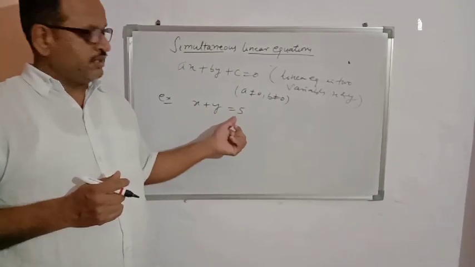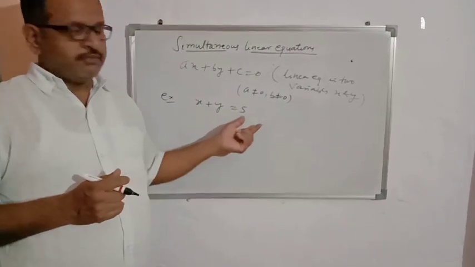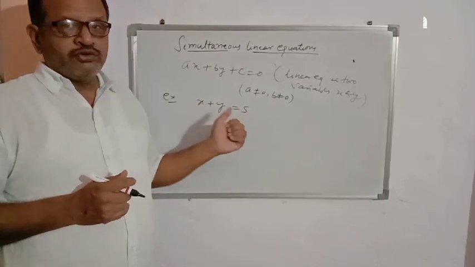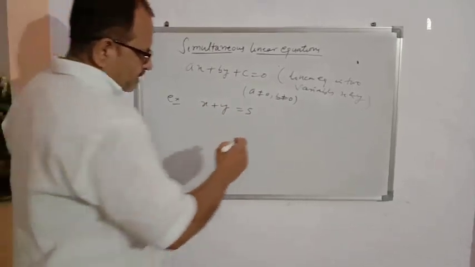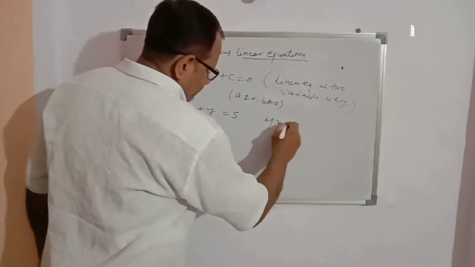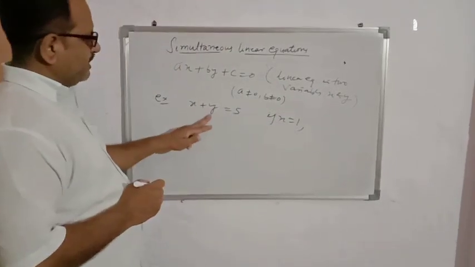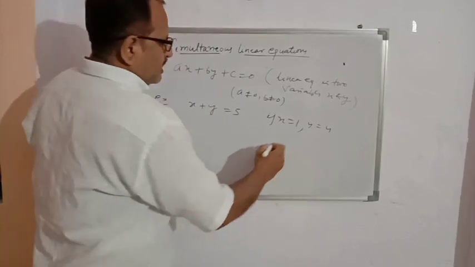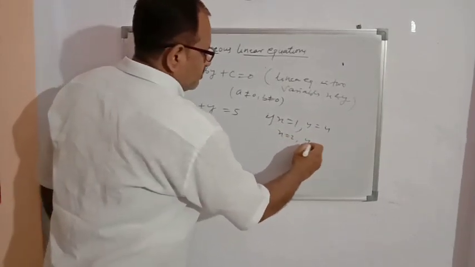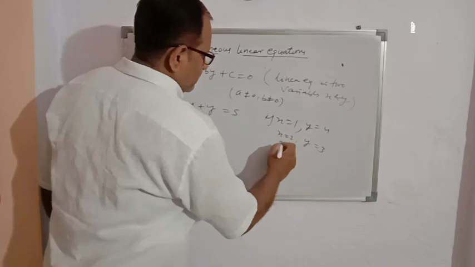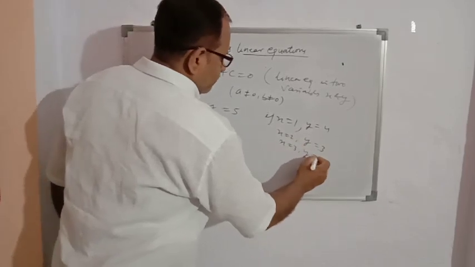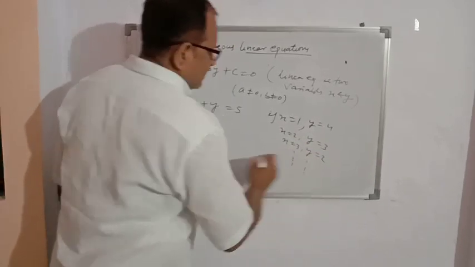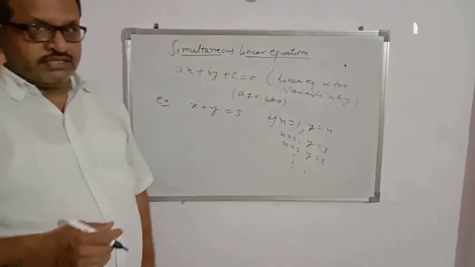So please see that if x is equal to 1, what value of y will we get? We will get y is equal to 4. If x is equal to 2, y is equal to 3. If x is equal to 3, y is equal to 2. We can get an infinite number of pairs.